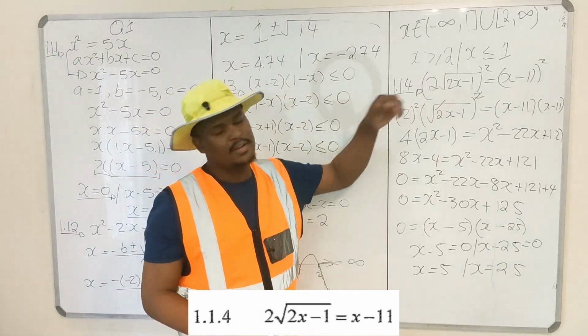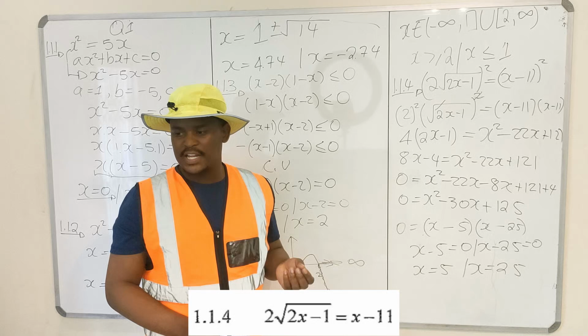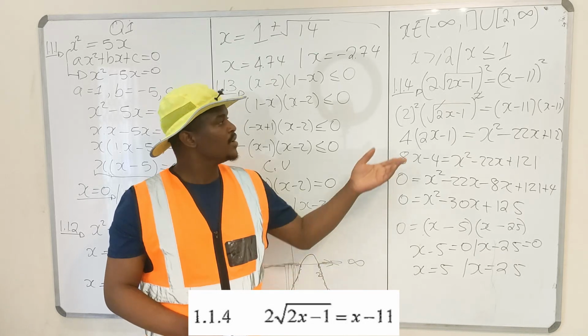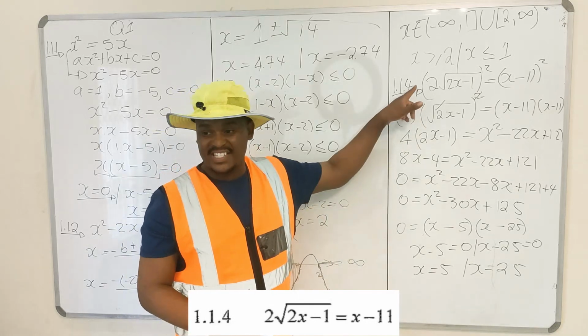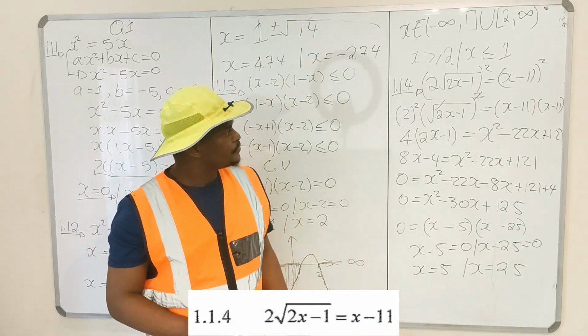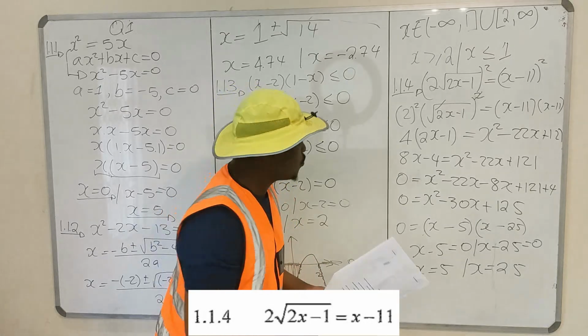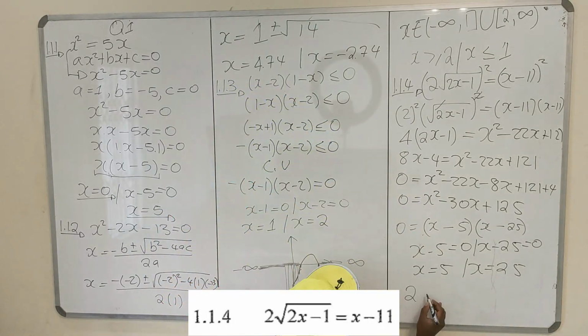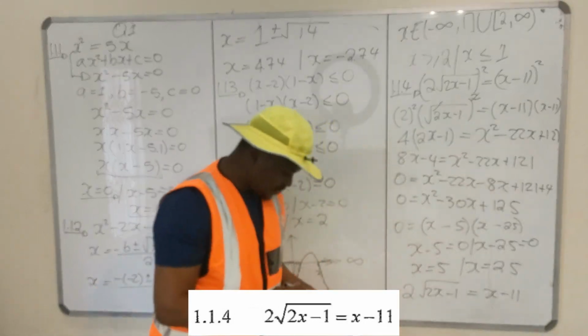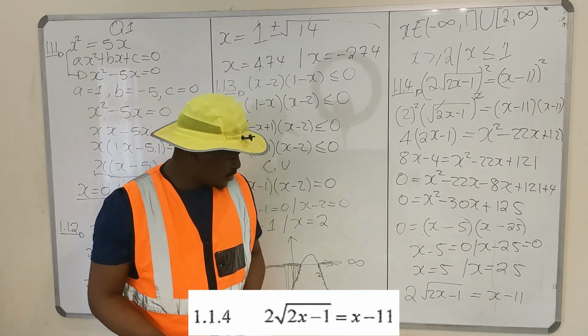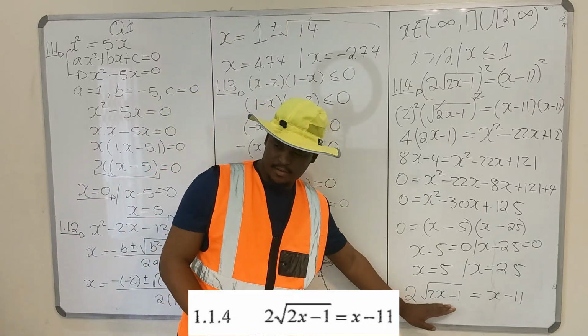When you're working with this kind of equation, you have to test them. You will see the reason why we're not doing functions and inverses. So it's important to test the values. But the original that we had was what? Was just 2 square root of 2x, right? Minus 1 is equal to x minus 11. So Z, what is the sign of this thing here?